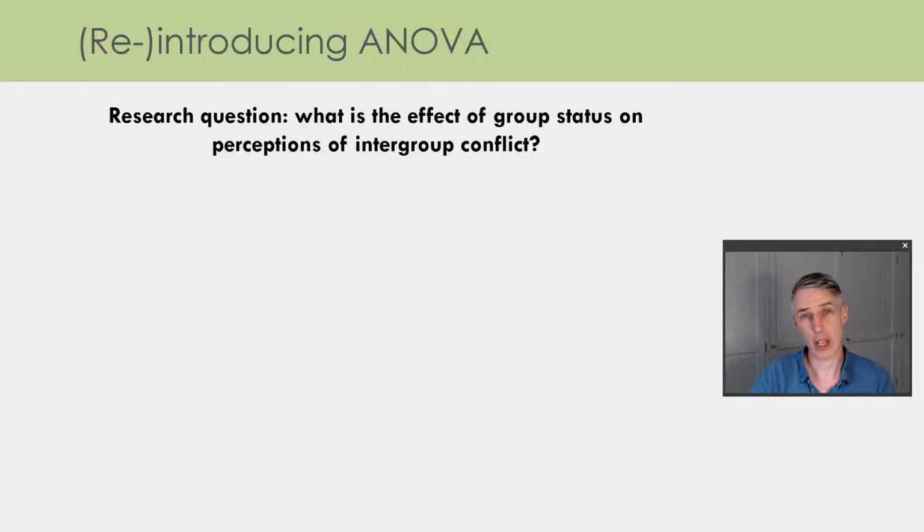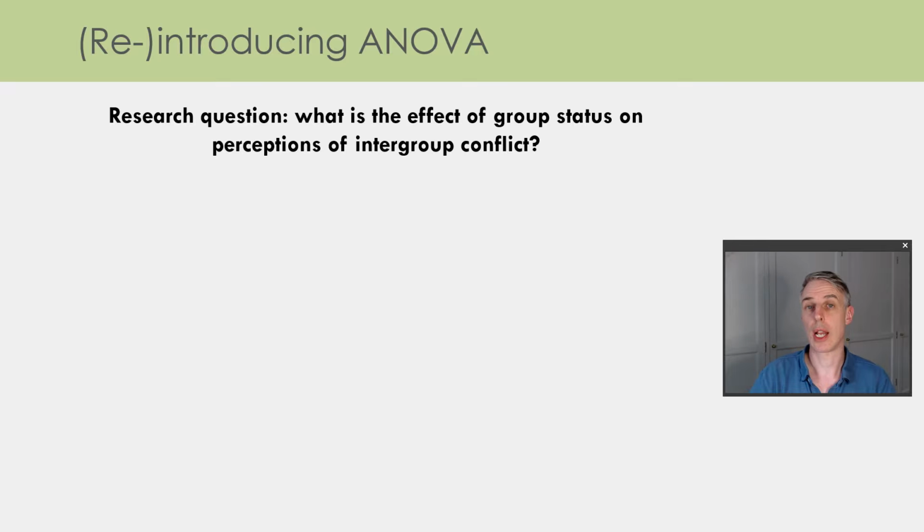In contrast, if our group has relatively high status compared to another group, then perhaps our motivations are about maintaining the status quo between the groups. If that's the case, then perhaps we don't want to rock the boat. We want to keep things relatively stable and secure in terms of relations between the groups.